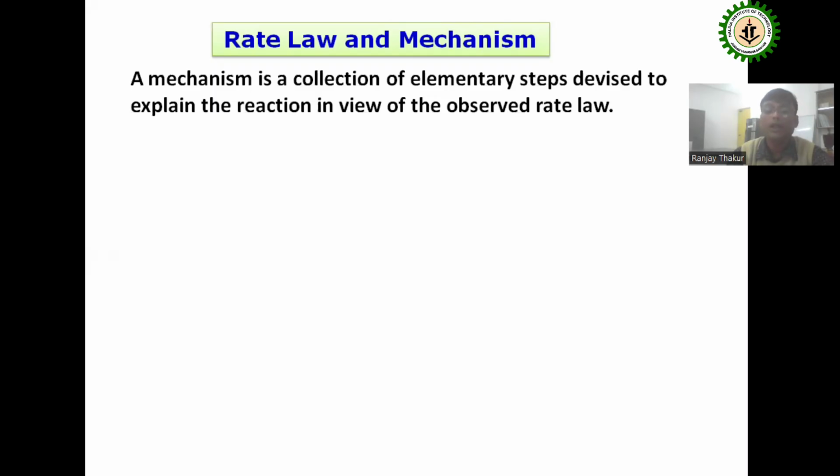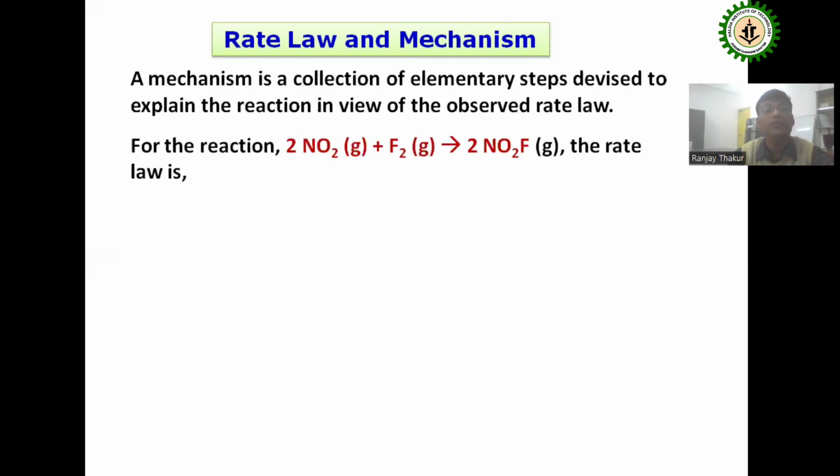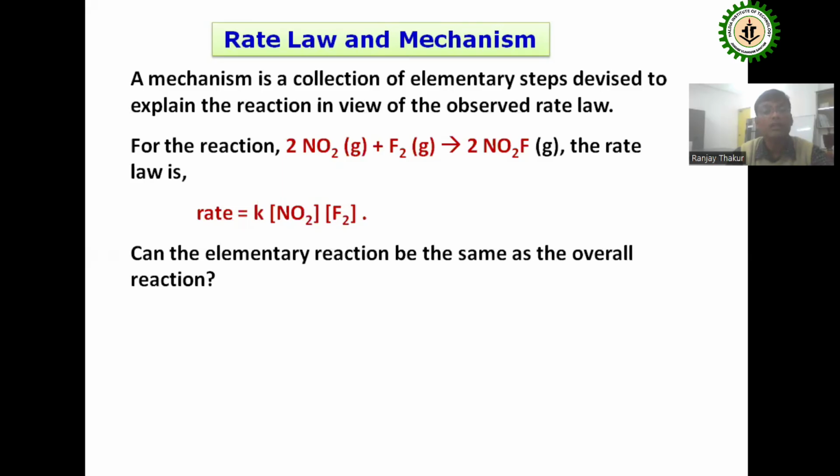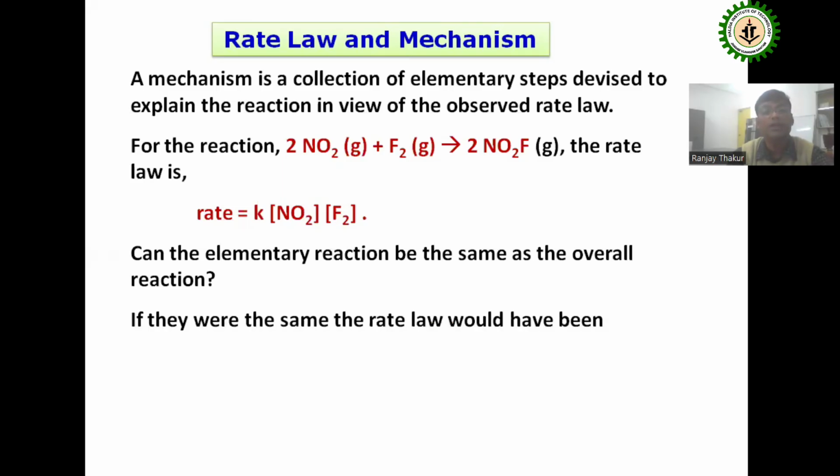So in that case, consider the reaction NO2 plus F2 to give 2NO2F; the rate law we can write in this way. Can the elementary reaction be the same as the overall reaction? If they were the same, the rate law would have been rate equals k, this one.